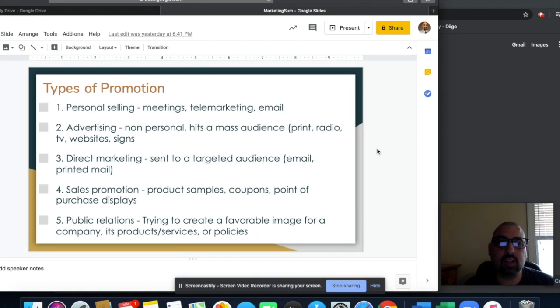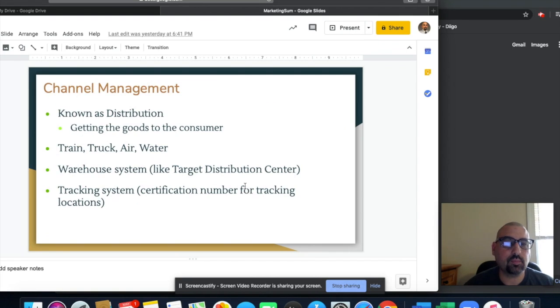Now, if the media gets a hold of it, like we've seen some companies that have been involved in having public relations now on TV a lot, whether they're good or bad, they're being talked about. And the companies, a lot of times, if there is negative, bad publicity, they quite possibly have an opportunity to make a change and to make it more favorable for themselves. So these are going to be the types of promotions that we talk about.